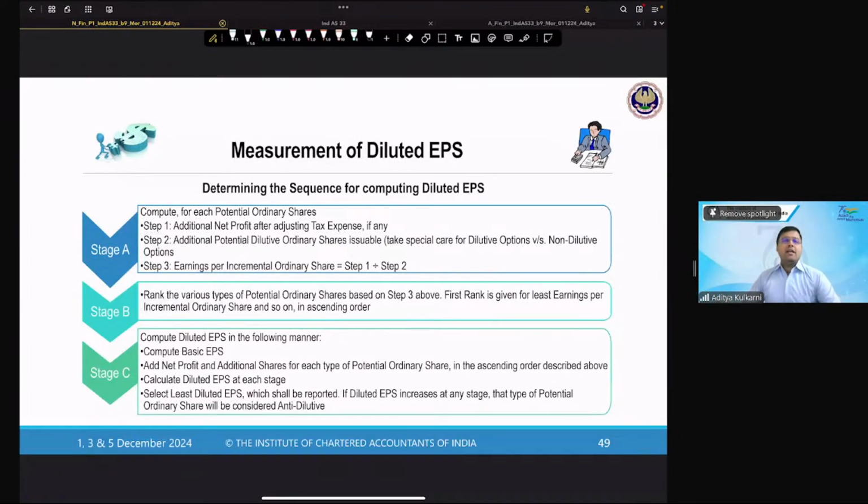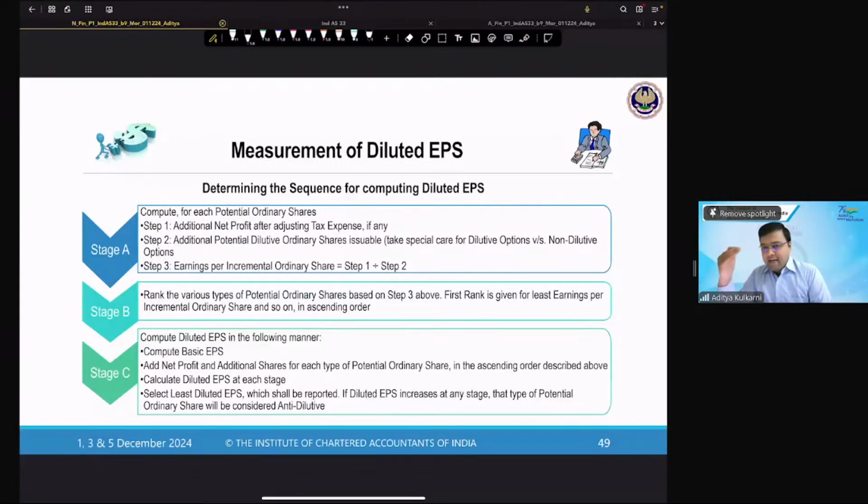So how do I calculate? Suppose in your capital structure, you have stock options, convertible debentures, convertible preference shares, multiple instruments, each of which becomes a potential share.